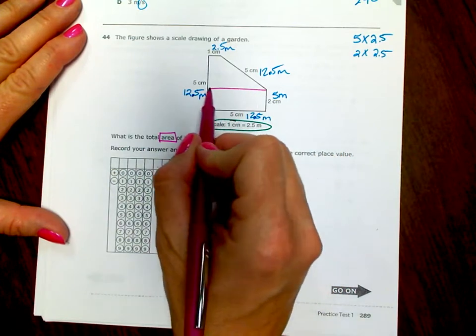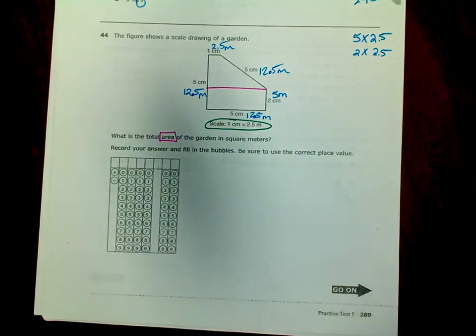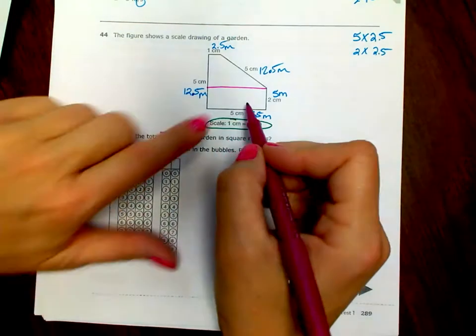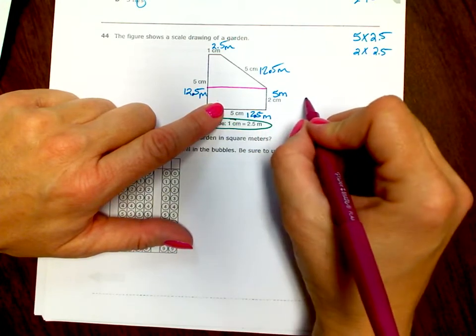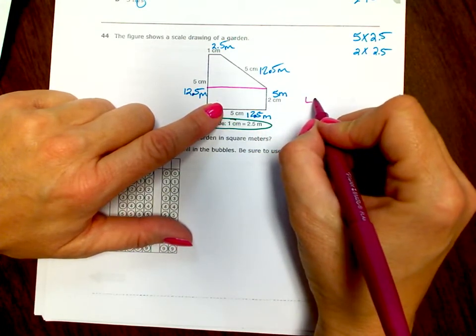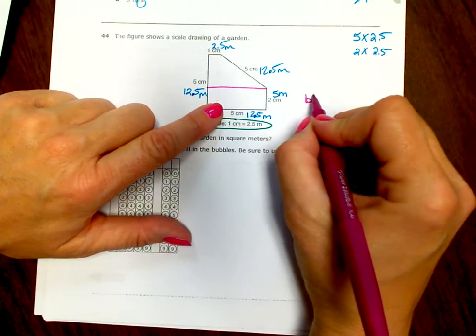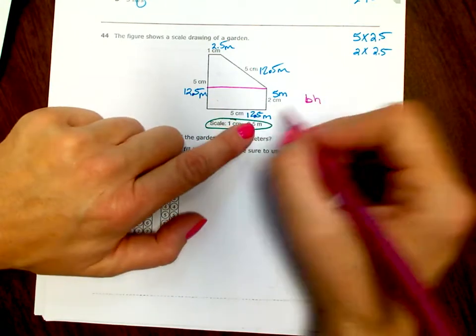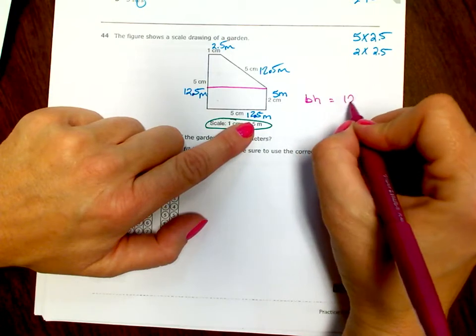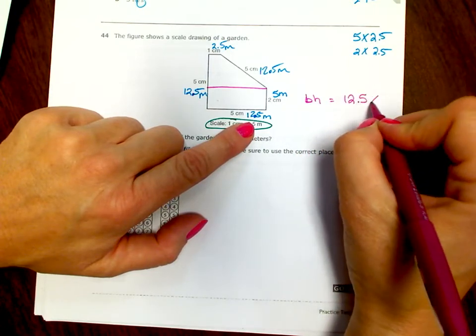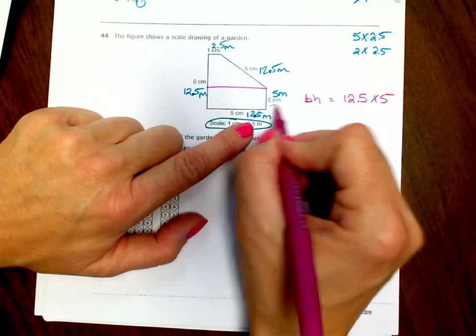You can draw a line right there, and you will have a rectangle at the bottom. So this would be length, or what's the proper base times height? Okay, so that's going to be 12.5 times 5, and that takes care of this one right here.